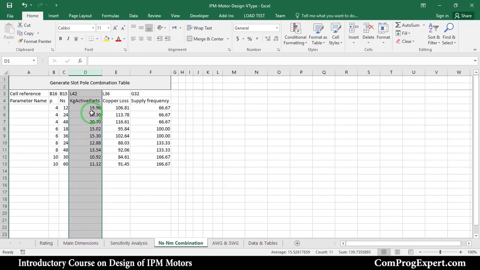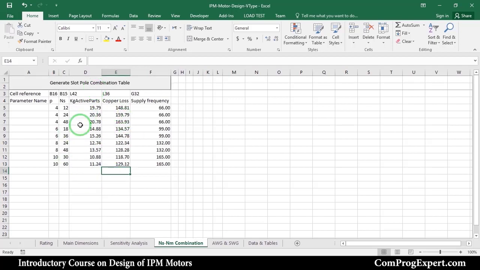You want to minimize the weight of the active part, so you focus on this column. This is just an example, and I will explain the calculation in this sheet in the next videos. If I run this, these numbers will be calculated automatically.